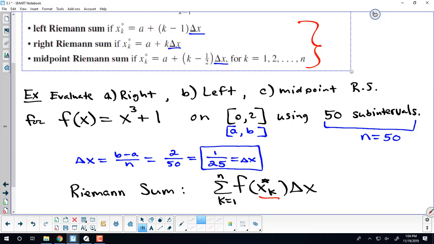That's the area of the first rectangle. So the f of x star is the height of each rectangle, and the delta x is the width of each rectangle. And again, all we're summing is a height times a width. So this area plus this area plus this area, 50 times, gives us the approximate area. Okay.